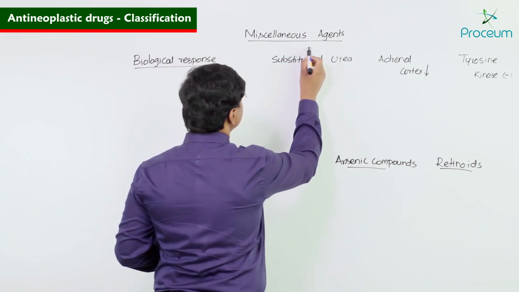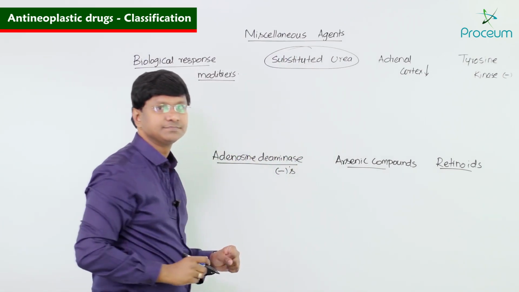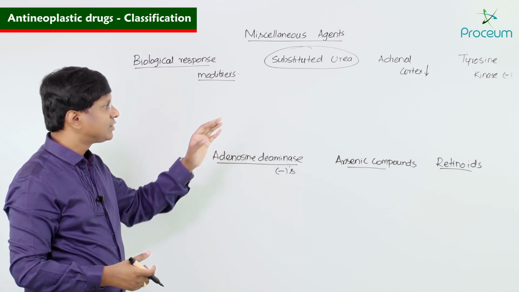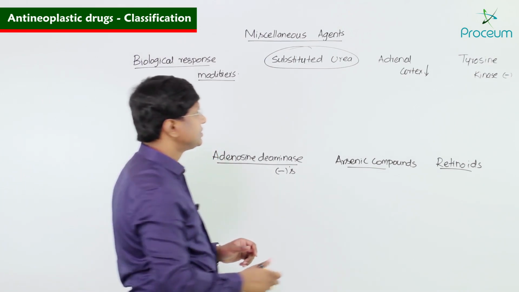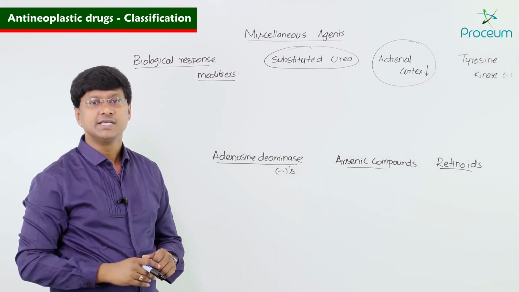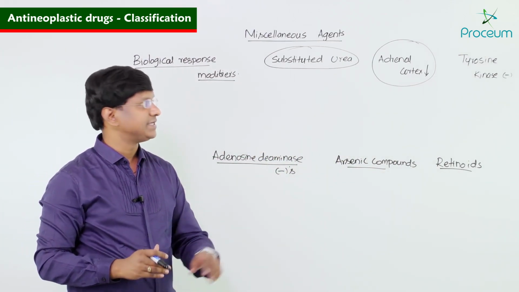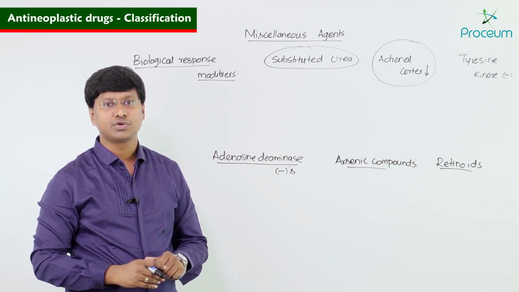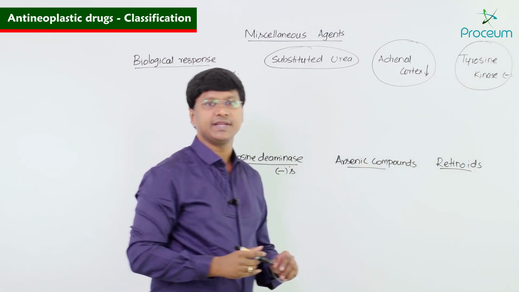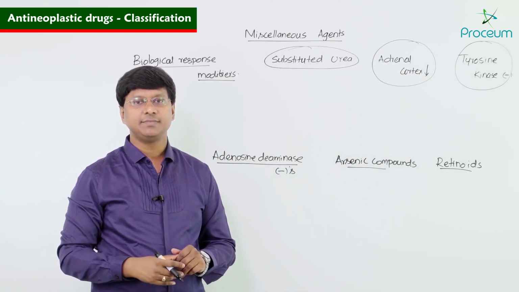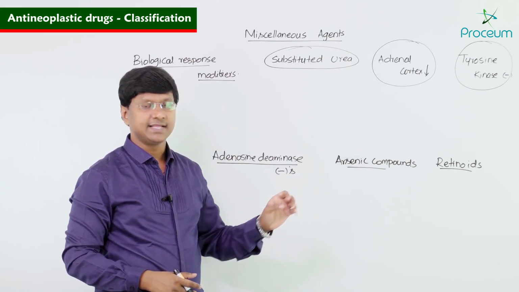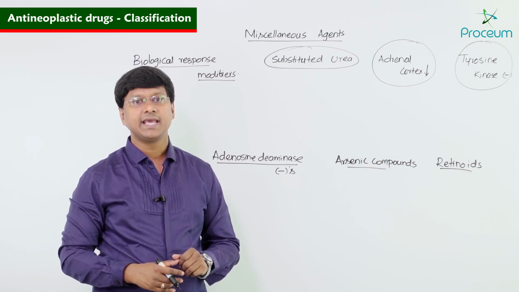Next, you take the substituted urea. The substituted urea includes hydroxyurea. Next, you take the adrenal cortex suppressants, which include mitotane. Then you have the tyrosine kinase inhibitors, which include imatinib, gefitinib, and erlotinib.